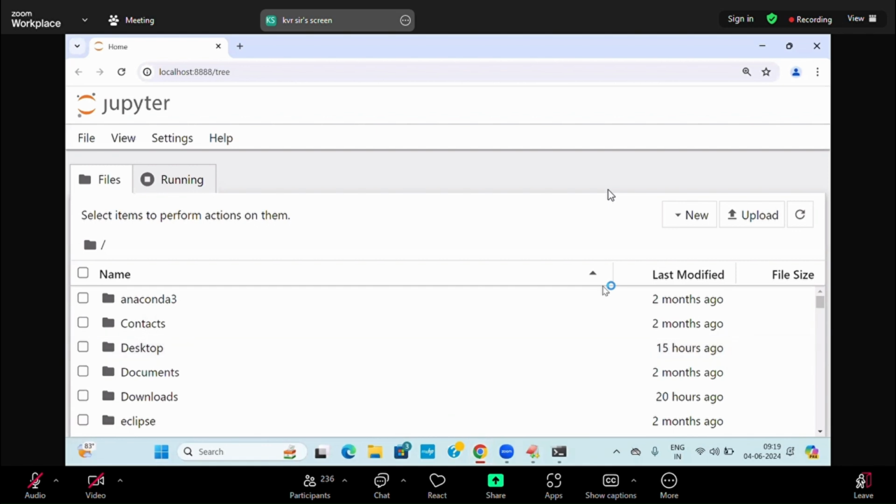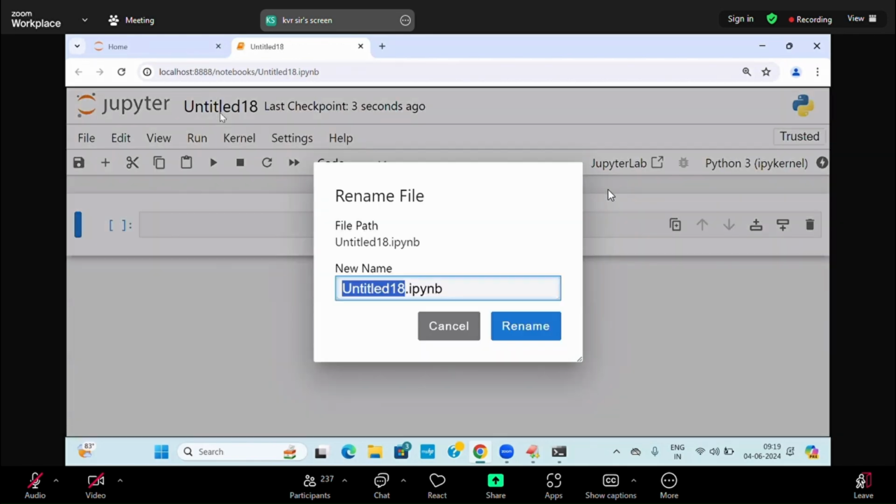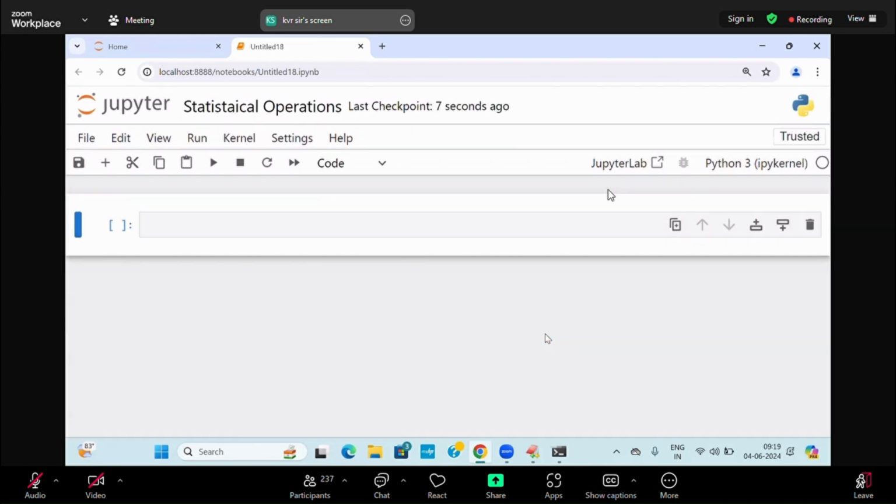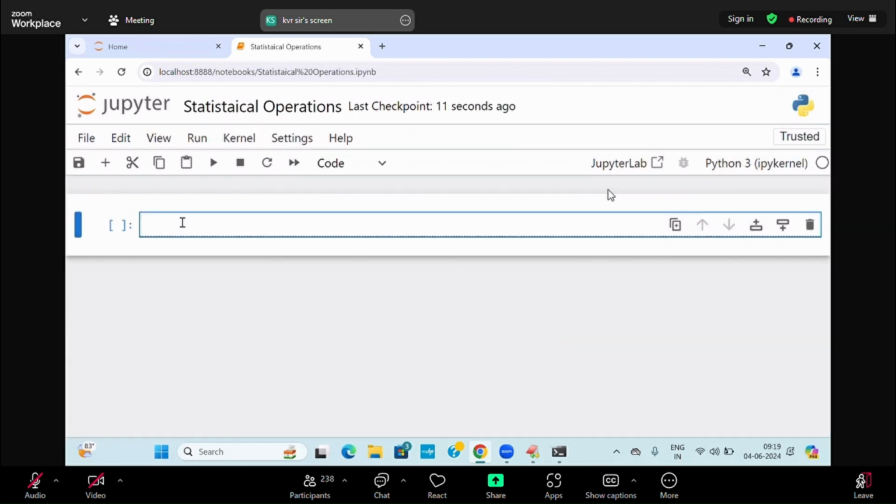Let's go to this place, New, and then say Notebook. I'll name it statistical operations. Here I'm taking statistical operations on ND array.